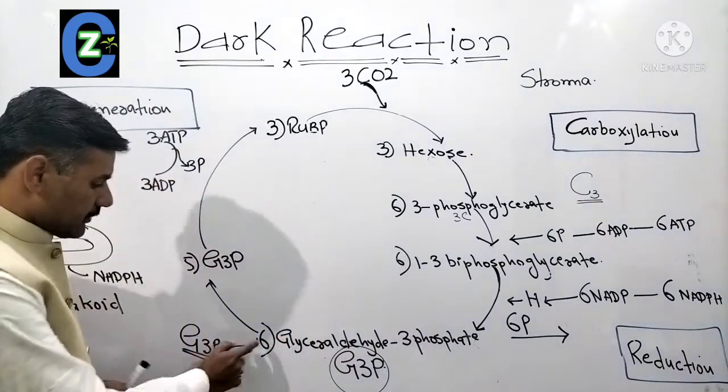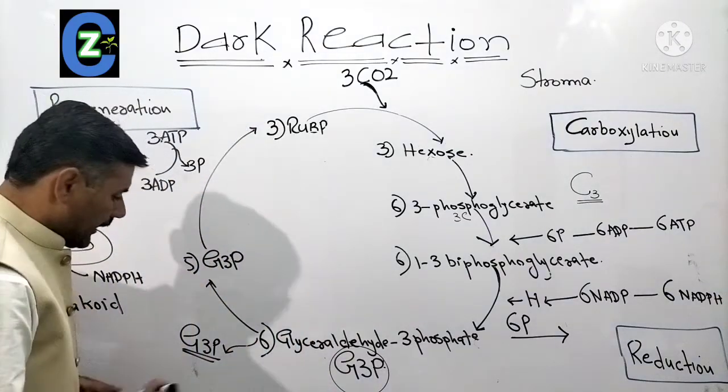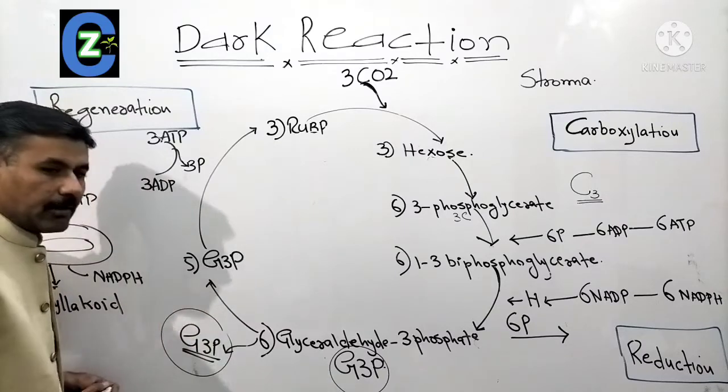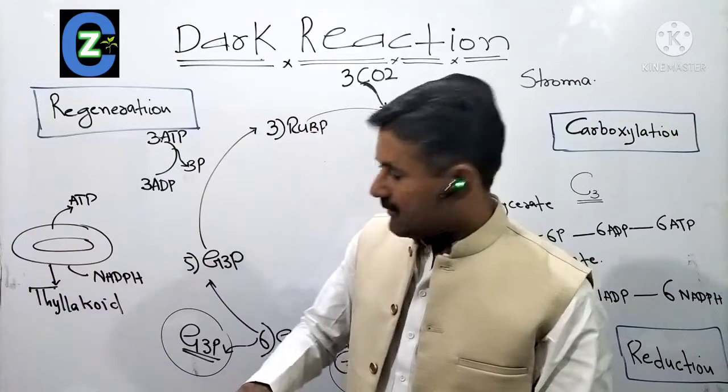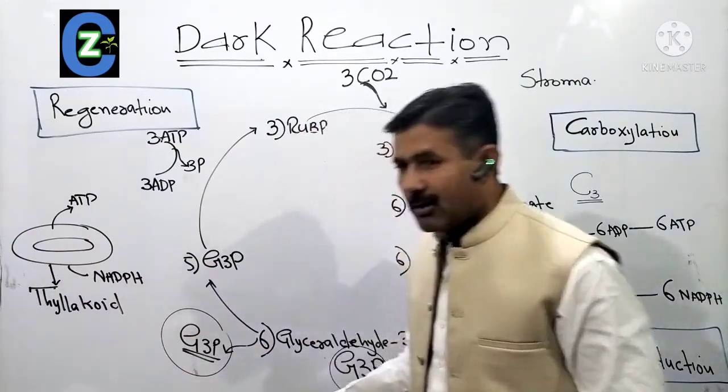And 6 molecules of glycerol aldehyde 3-phosphate are produced, and out of 6 molecules, 1 molecule of glycerol aldehyde 3-phosphate comes out of this cycle. Why is this molecule coming out?